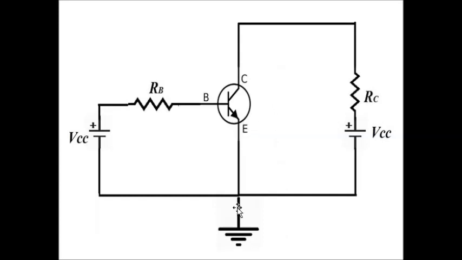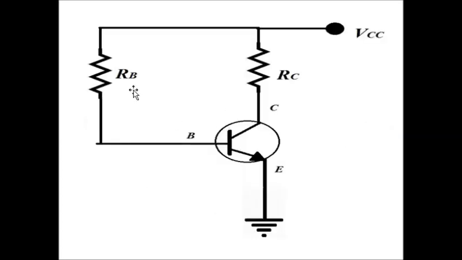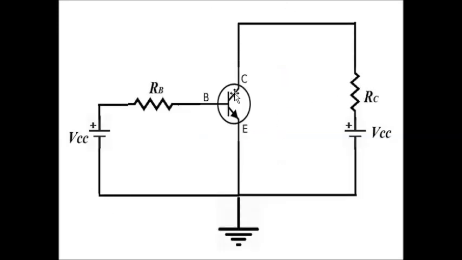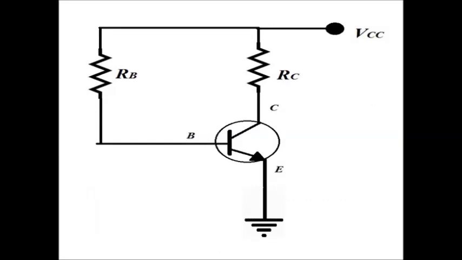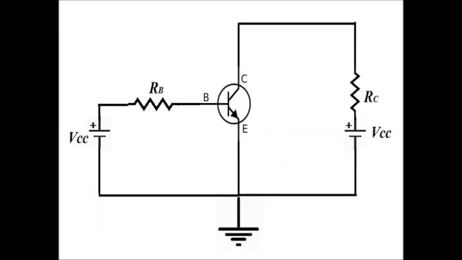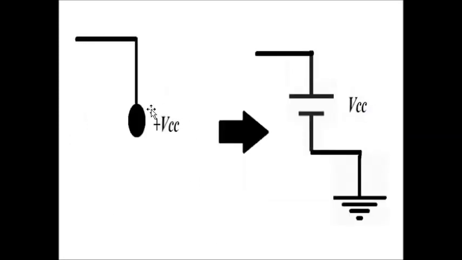The emitter terminal is grounded, so here also the emitter terminal is grounded. And the other ends of the resistances are connected to the base and collector terminals. Here also RC is connected to the collector terminal, and this is connected to the base terminal. So these two circuits are the same, just different ways of representing the same circuit.